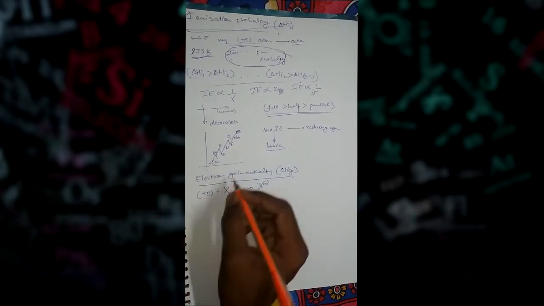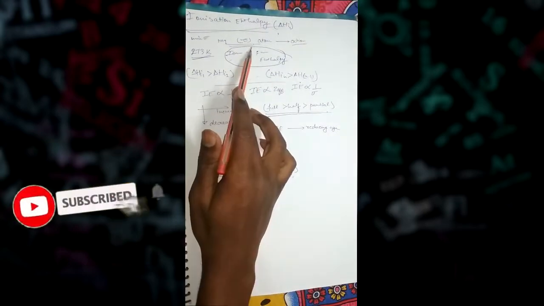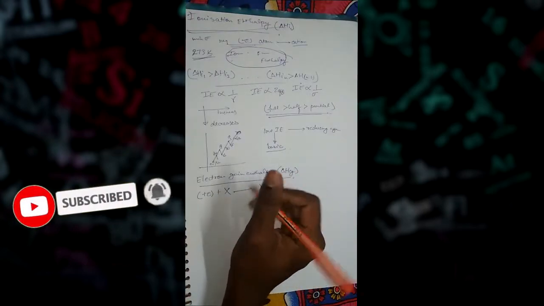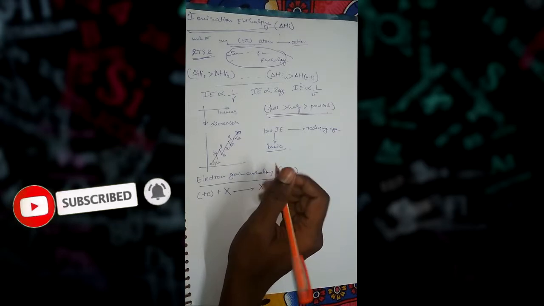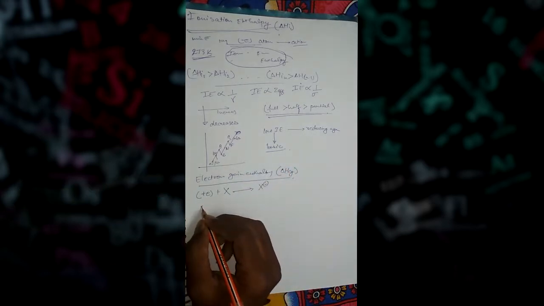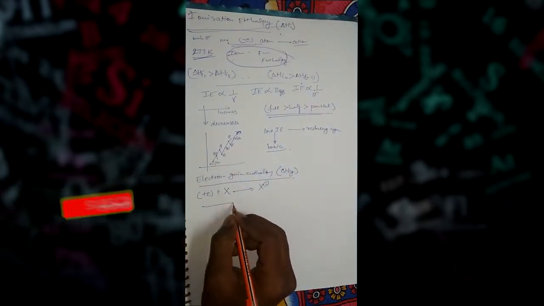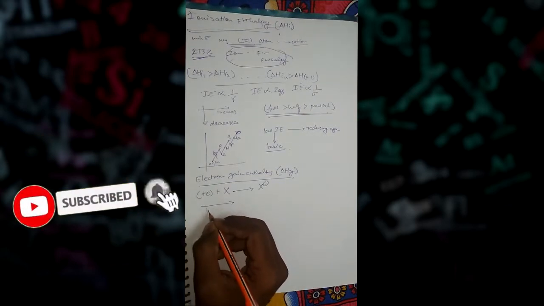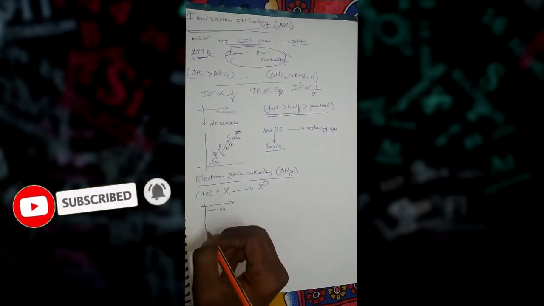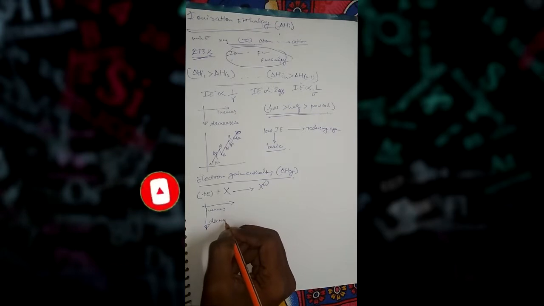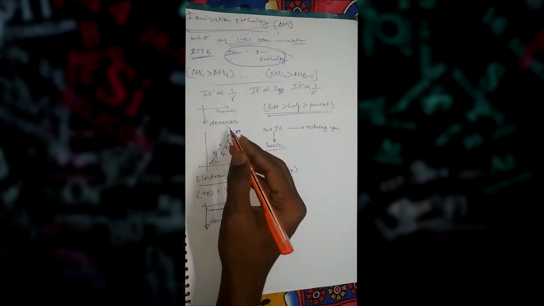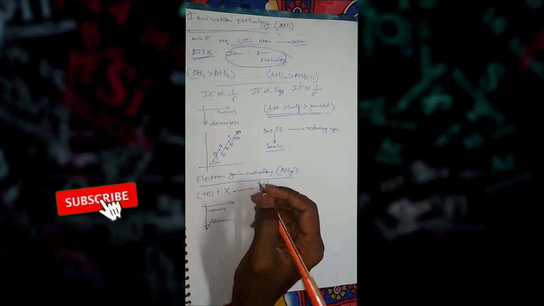So it is quite the opposite of ionization enthalpy. Now its variation in the periodic table is like this: along the period it increases and down the group it decreases. Same as that of ionization enthalpy.